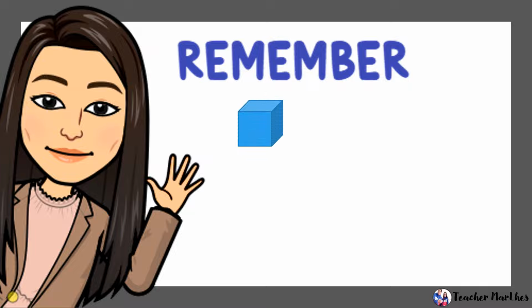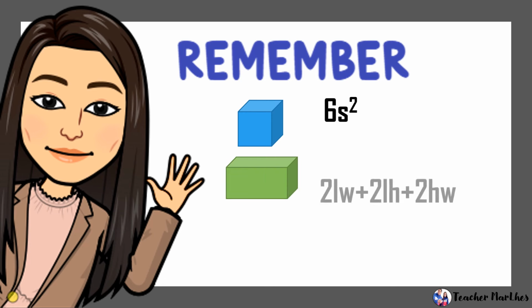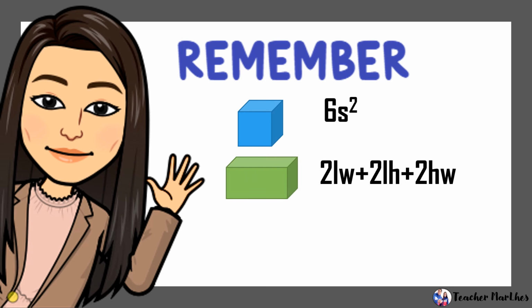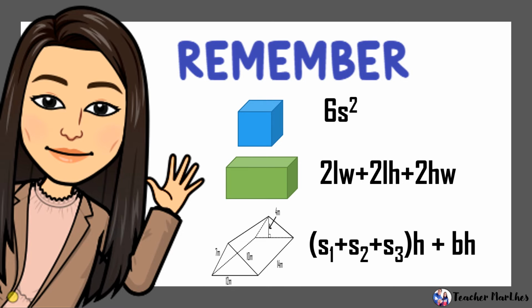So, first we have a cube. So, the formula is 6 times side squared. For rectangular prism, so we have 2 times length times width plus 2 times length times height plus 2 times height times width. For triangular prism, we have the quantity of side 1 plus side 2 plus side 3 times height plus base times height.